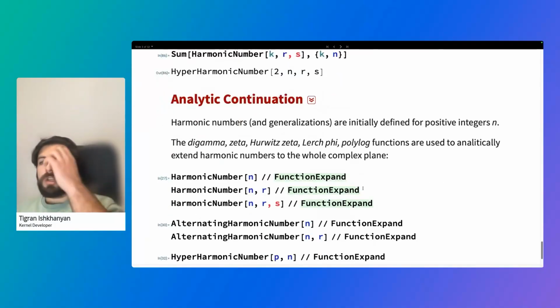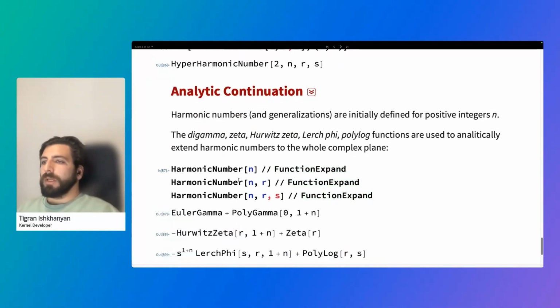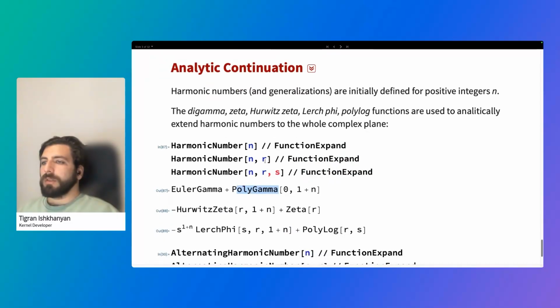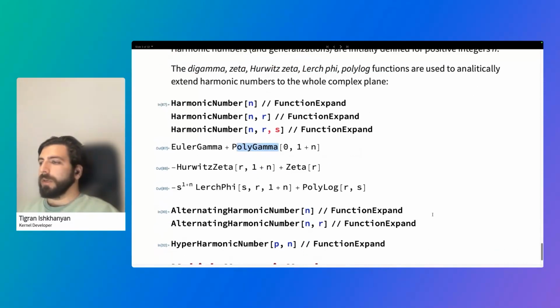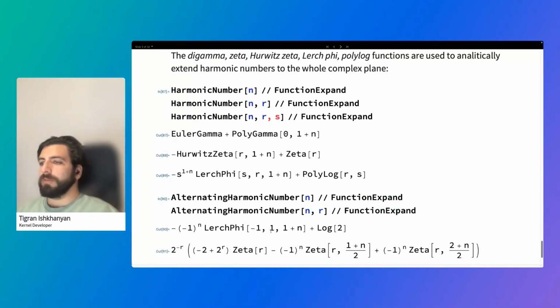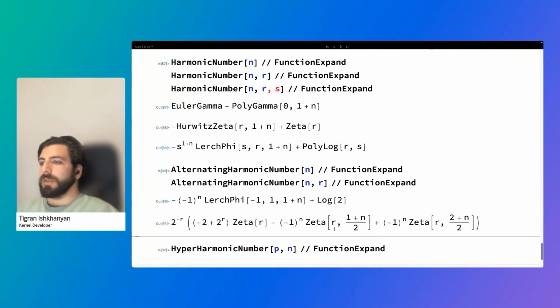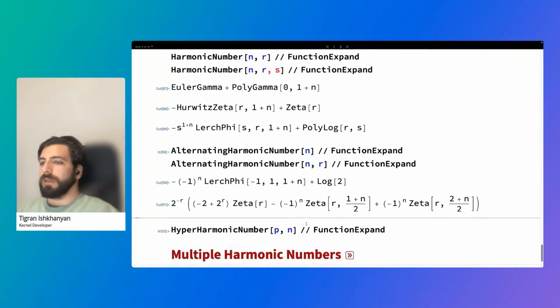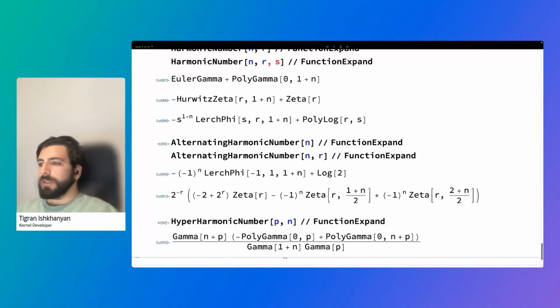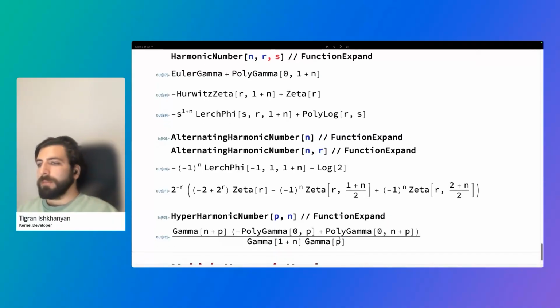So all this information is available in the system. If we apply FunctionExpand to this, the harmonic numbers' analytic continuation is written in polygamma functions and so on. For alternating harmonic numbers, we also have analytic continuations written in zeta functions, Lerch phi, and for hyperharmonic functions, we have polygammas here.